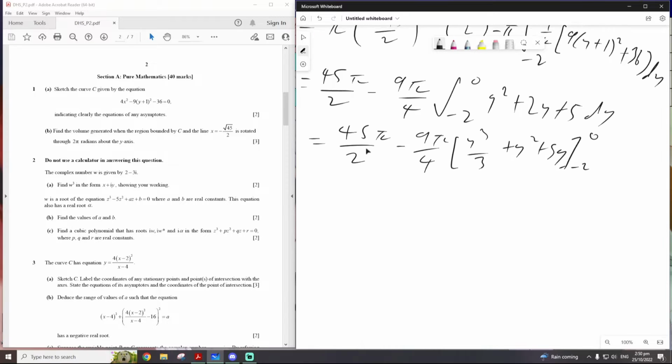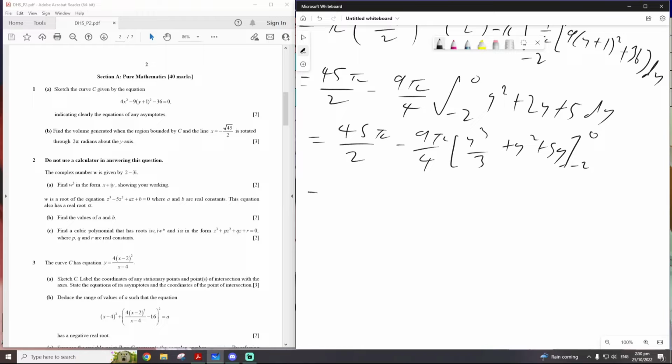And of course, if you put 0, you just get 0. So we just need to consider negative 2. 45 pi over 2 plus 9 pi over 4. And then we will get negative 8 over 3 plus 4 minus 10. And this is negative 6. So negative 32 over 3, which makes this 3 pi negative 32, negative 24.